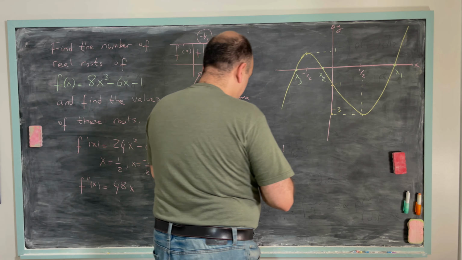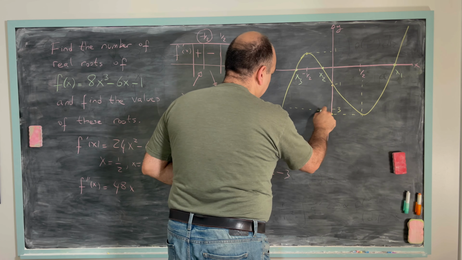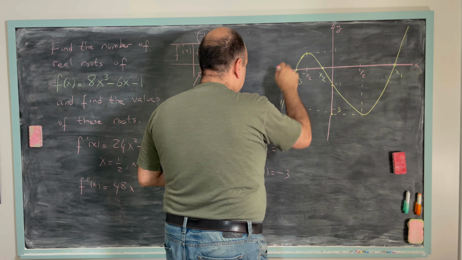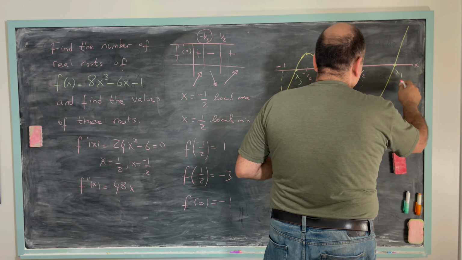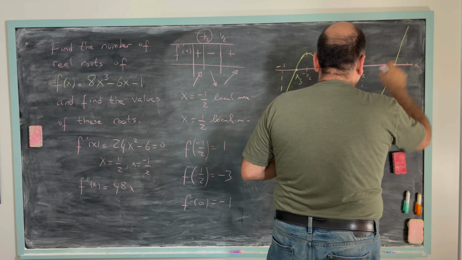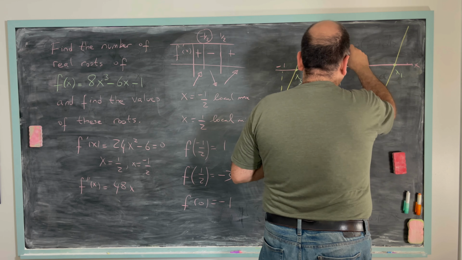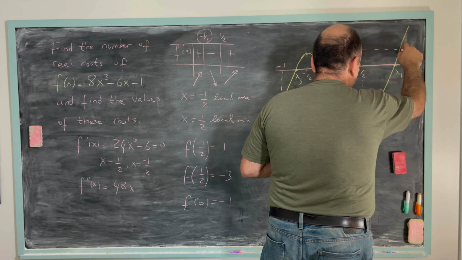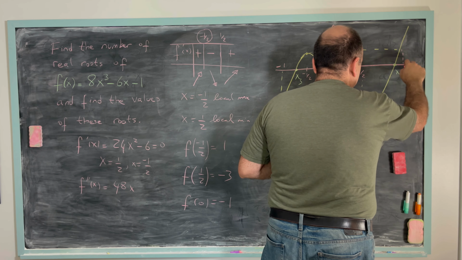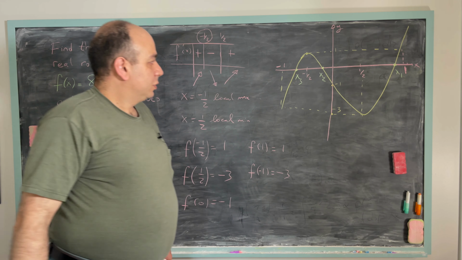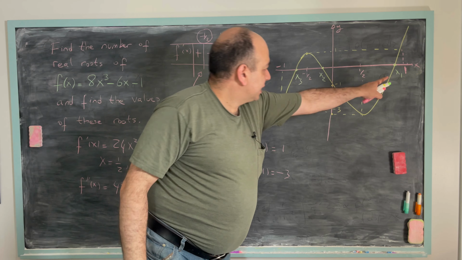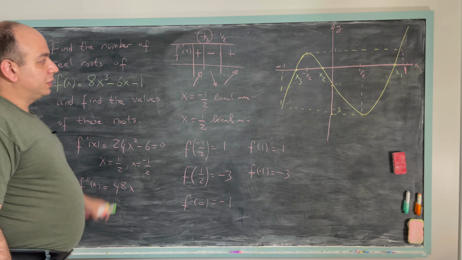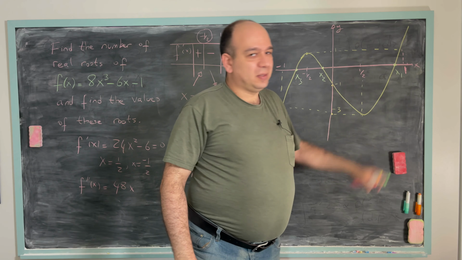Okay. So basically, this is minus 1 is here, and probably 1 is somewhere here, right? So it's 1. So 1 is here. So what I can tell here is this x1, x2, and x3, which are the roots of this polynomial function, are in between -1 and 1.